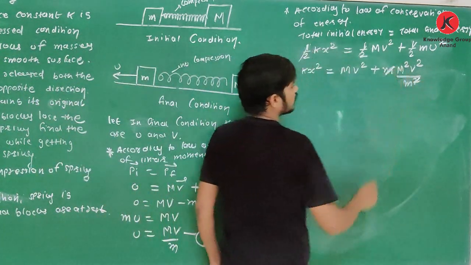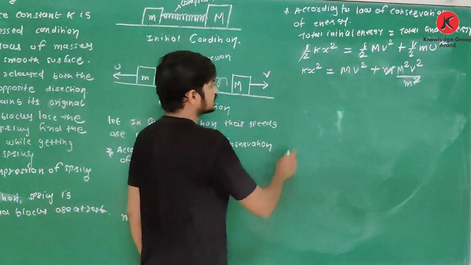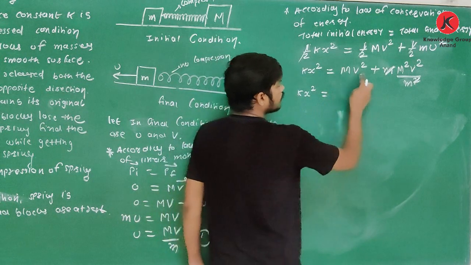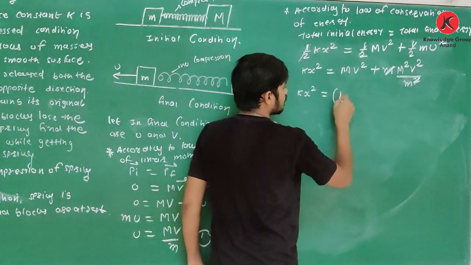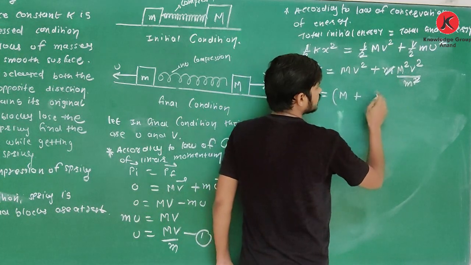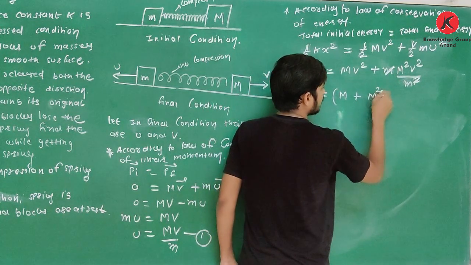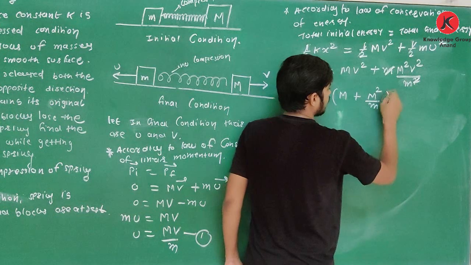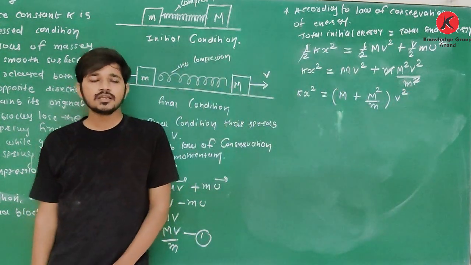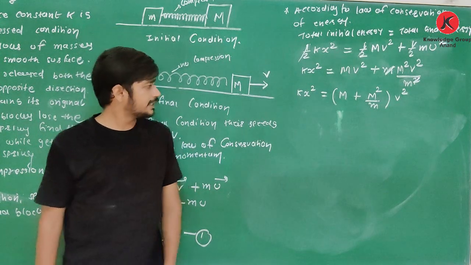So 1 m cut, 1 m cut. Now how to simplify this? See, kx square is equal to, if I take v square as common, then in the bracket it is m, only m, plus m square upon m. Simple, yes or no? Yes.